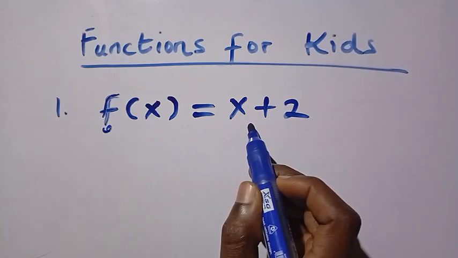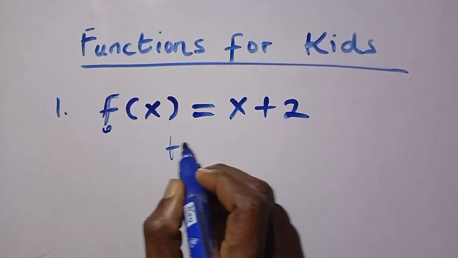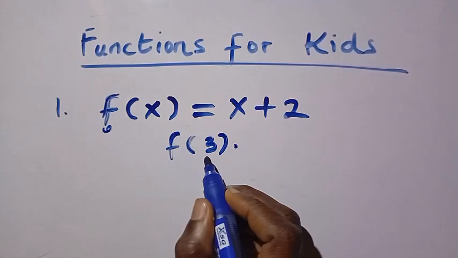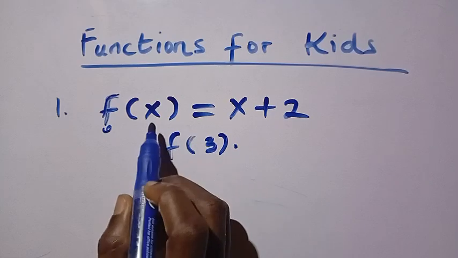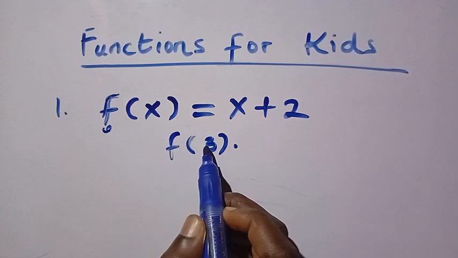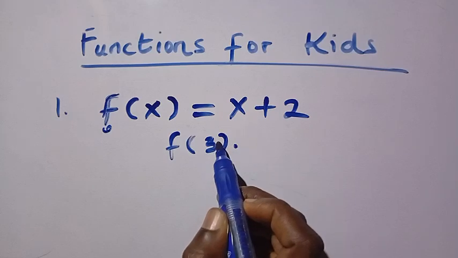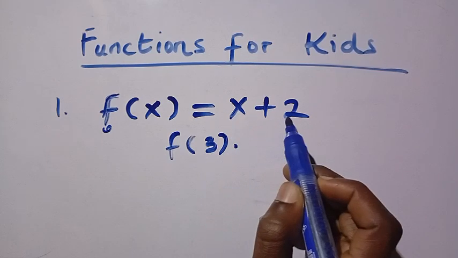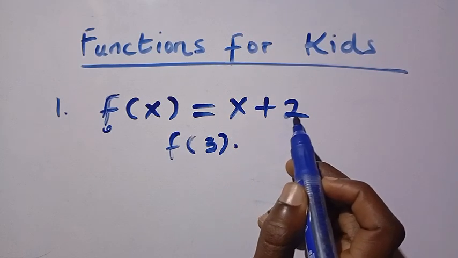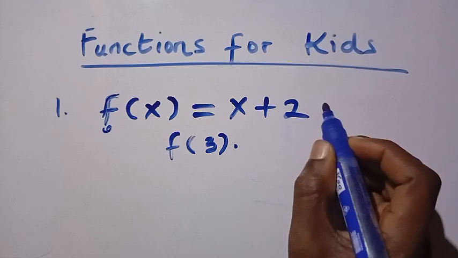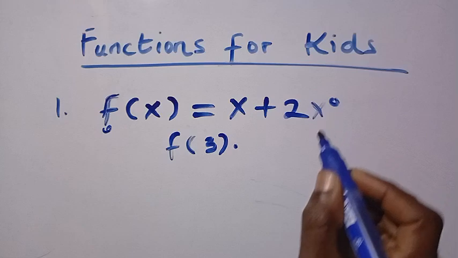Suppose this says find f of 3. If they are asking this, every x here has been replaced by 3, and anywhere we see x here, we replace it by 3. But this is the combination of variable and constant. A constant does not have anything like x. It's just like the x here has been raised to the power 0.